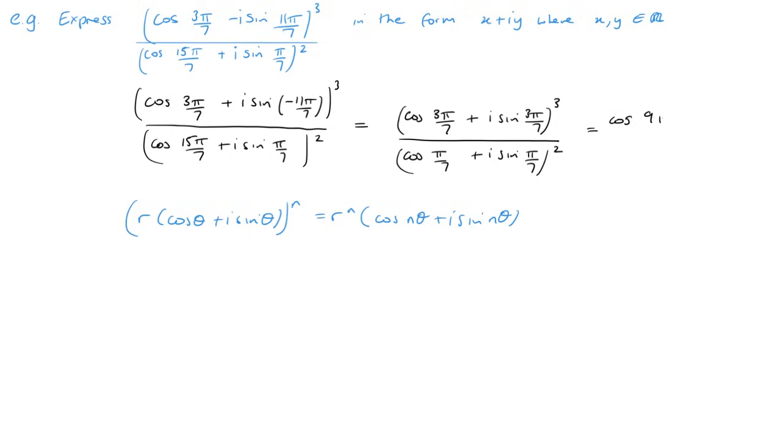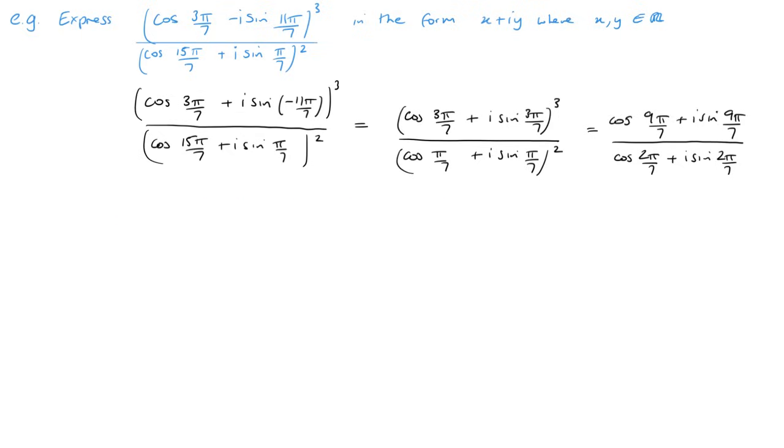So it's going to be 9 pi by 7 plus I sine 9 pi by 7. All over cos, now this one's going to be times by 2. So 2 pi by 7 plus I sine 2 pi by 7.